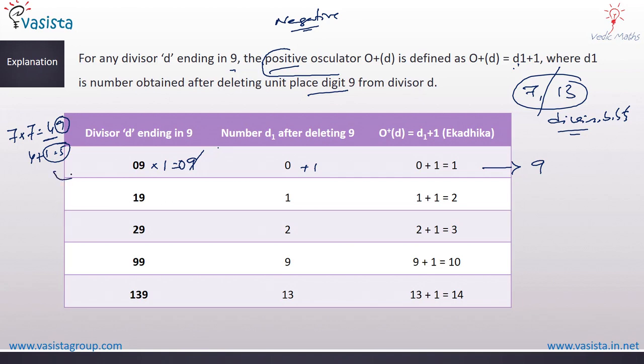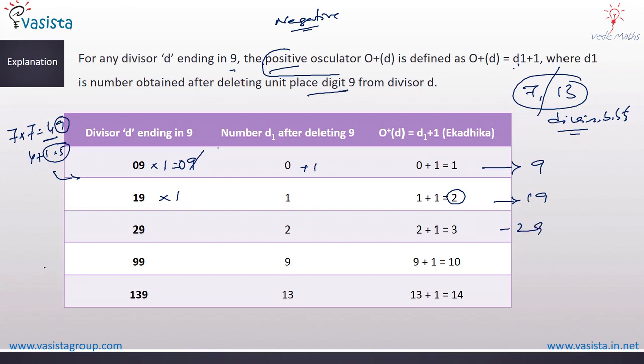The same concept I am going to use here. For 19, 19 ones are 19, so leave 9, the remaining number is 1, add 1 to it, 1 plus 1 is 2. 2 is the Ekadhika of 19. Similarly 3 is the Ekadhika of 29.